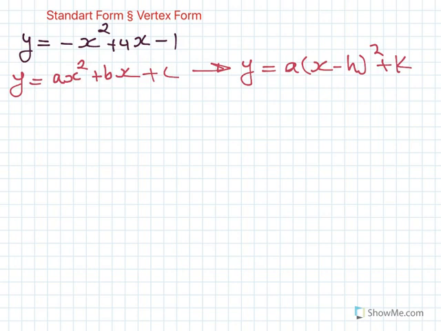So first identify your parameters. So a is -1, b is 4, c is -1. The problem is, for the purpose of this video and the purpose of completing the square, we don't want a to be any value but 1, so we cannot deal with this. But a good trick we can do is take -1 as a common factor from the main function.